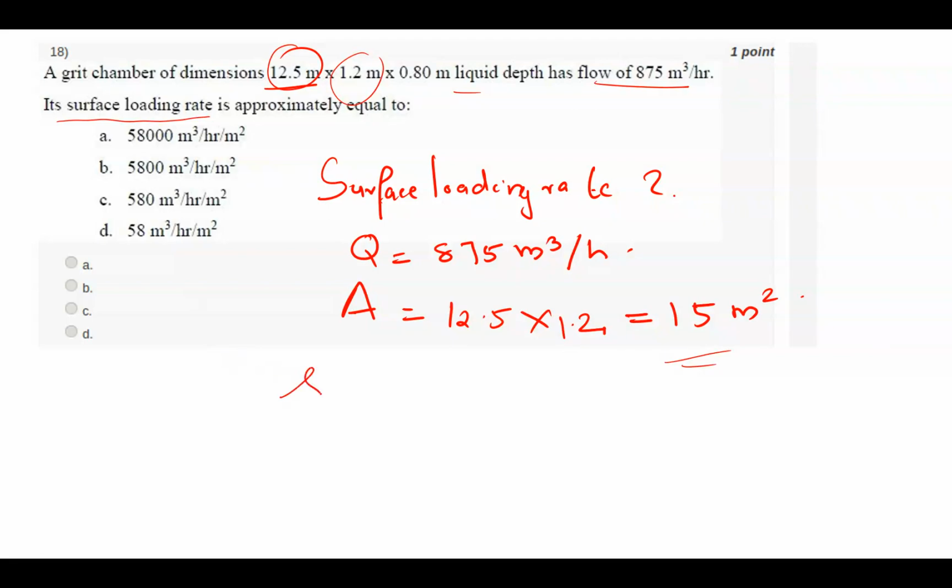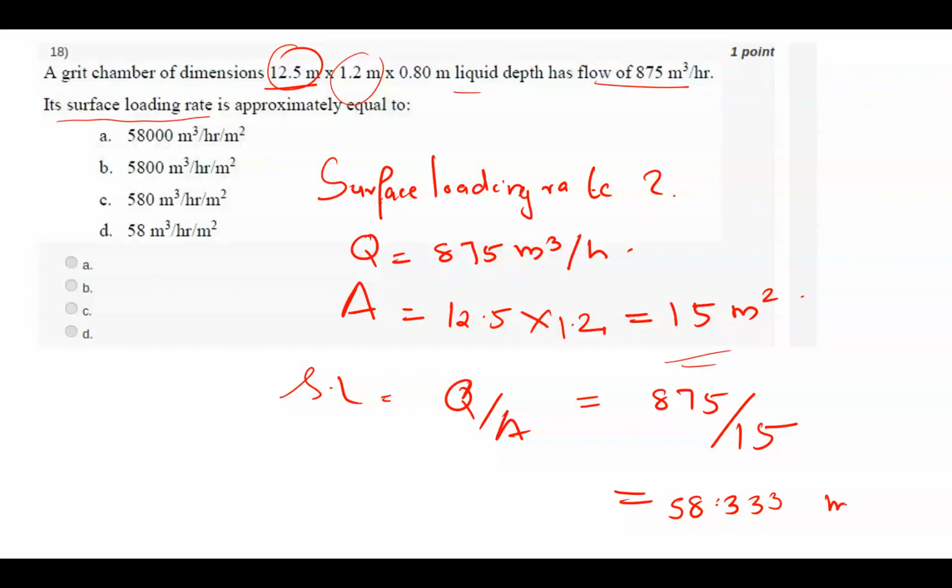What is the surface loading? How do you calculate? Q by A. 875 divided by 15. So what do you get? You get 58.33.